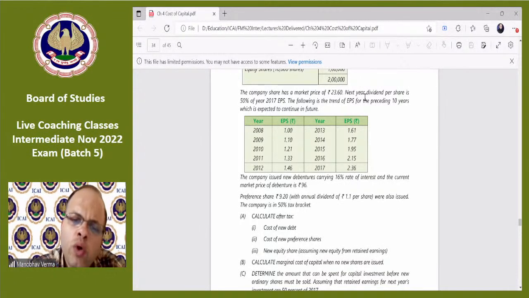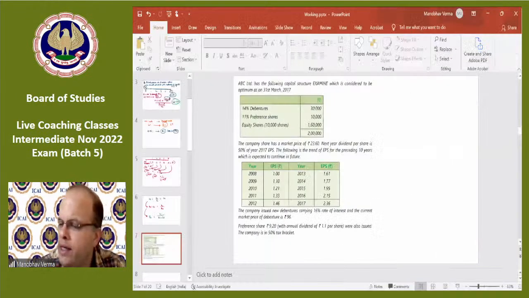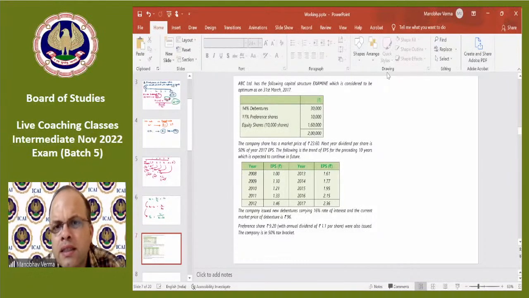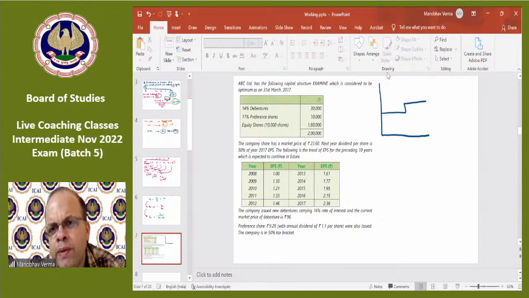investment before new ordinary shares must be sold. Now, my question to everyone is, when we are talking about till the point new shares are sold, that means we are actually talking about a capital structure till the point the new issue is being made.